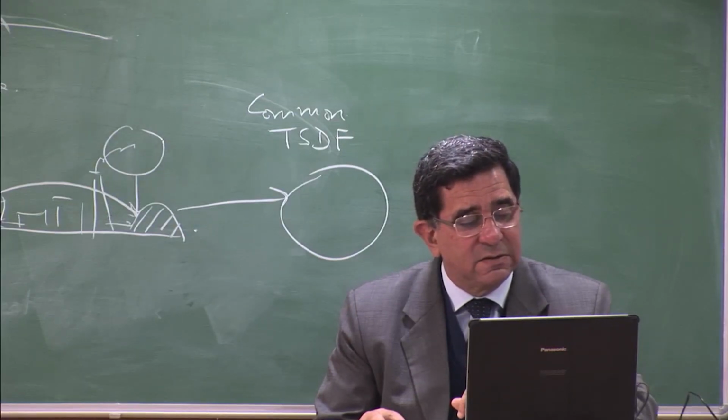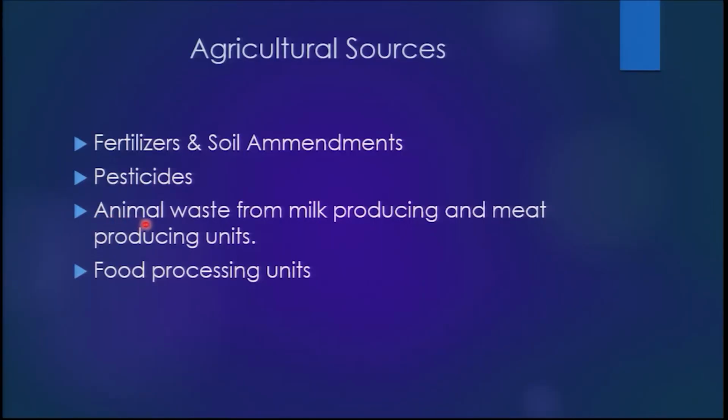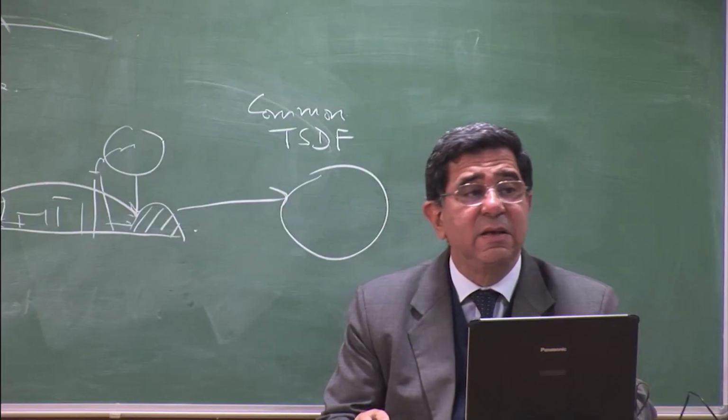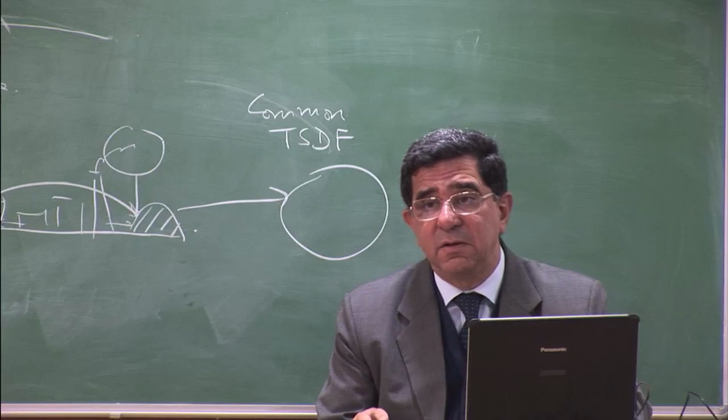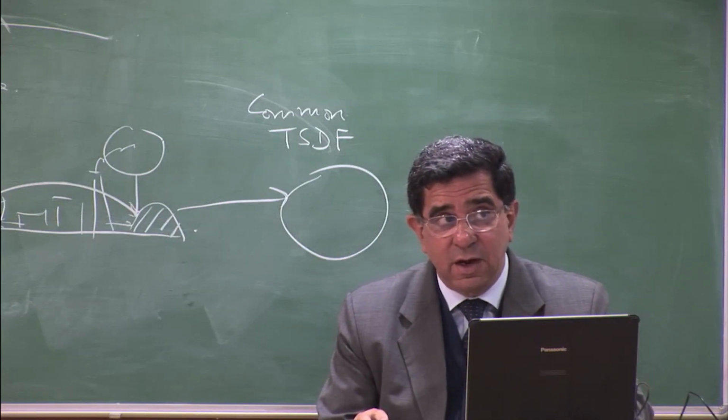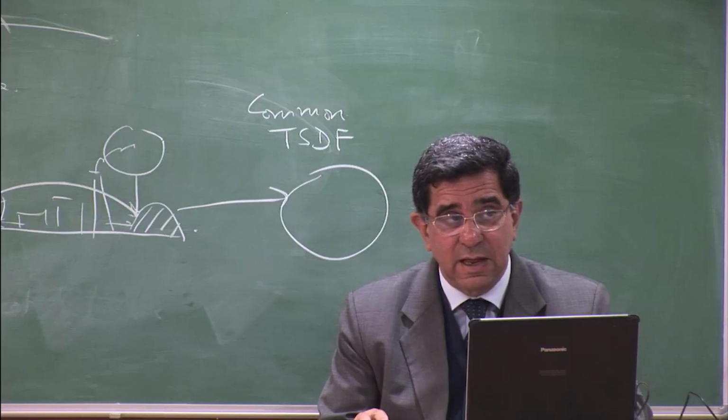In many agricultural practices, you have animal husbandry, for example, milk producing units, meat producing units. There also the processing, as well as the dead animals and the droppings of the animals, all of them have to be treated very carefully, otherwise they can become a source of contamination.